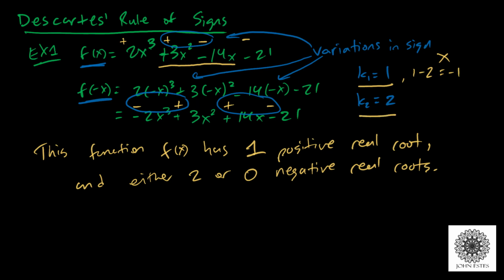Because k2 was 2, and so I could subtract 2 and get 0. Below that I'm going to be negative. So I'm either going to have 2 or 0 negative real roots. That's the tricky part you have to keep in mind: once you find your k1 and your k2 values, you just keep subtracting 2 until you get to the negatives, and that tells you the candidates for the number of positive and negative real roots that you can have.